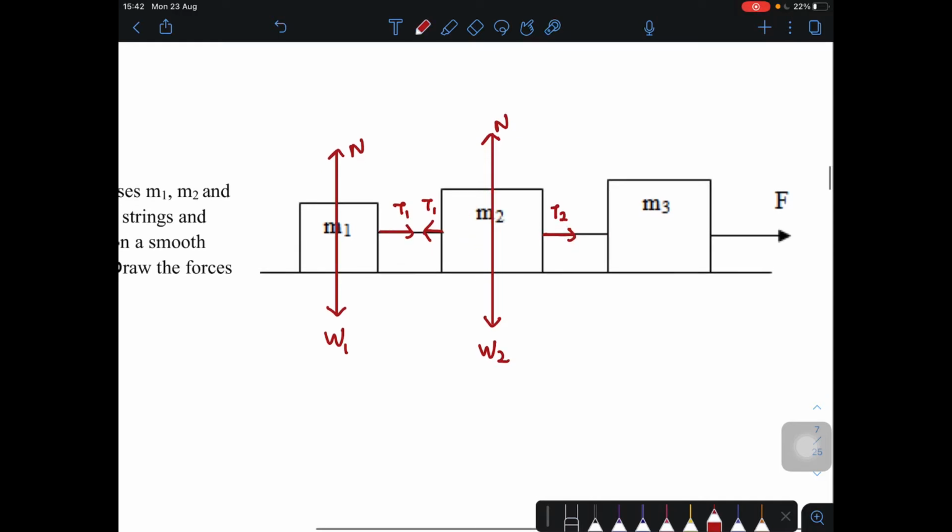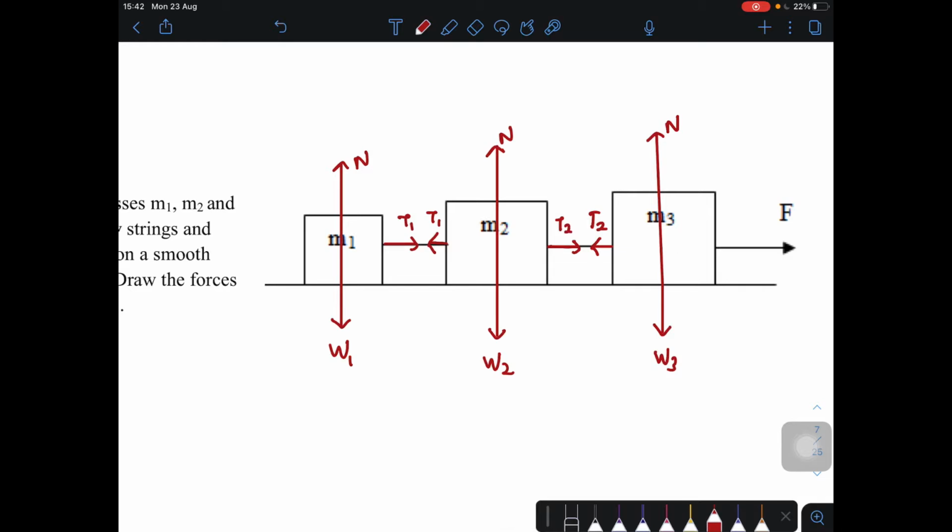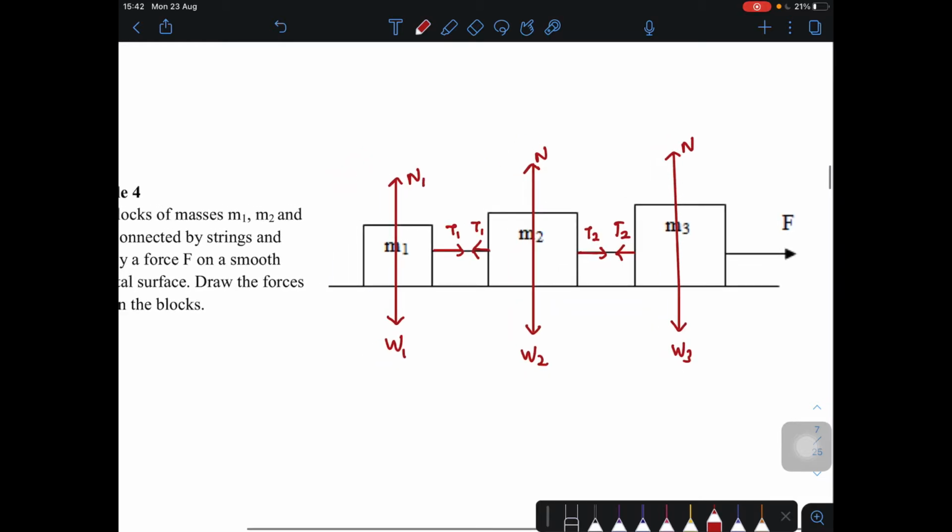And the last one, M3: W3, and on the surface, going upward is the normal. Since it is connected to the same string, the tension is the same, T2, but away from M3. And then we have the external force here. Don't forget to label N1, N2, N3.